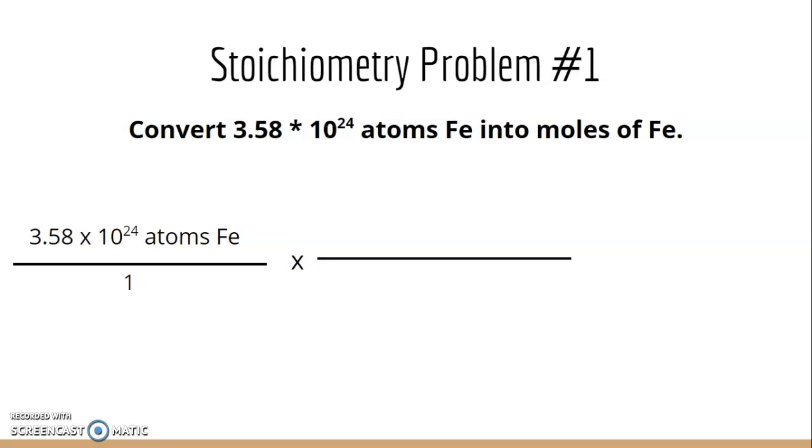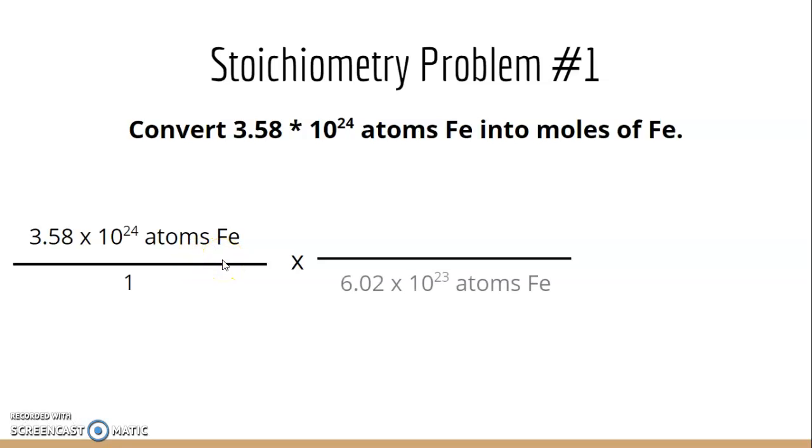Now, the step we talked about earlier was that whatever value you put right here, whatever unit you use, is going to have to match the numerator in your previous value. So we see that the unit we are using right here is atoms of Fe.